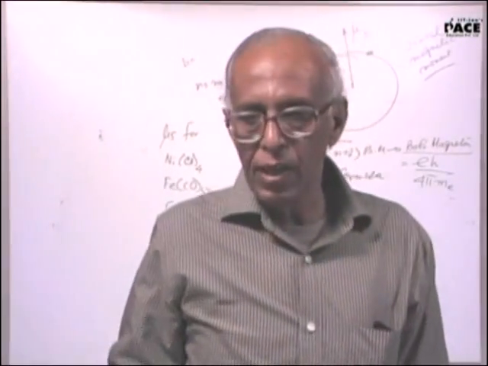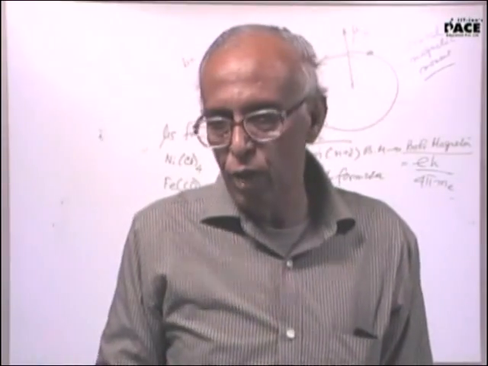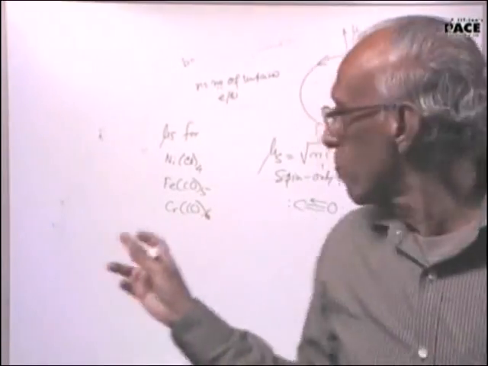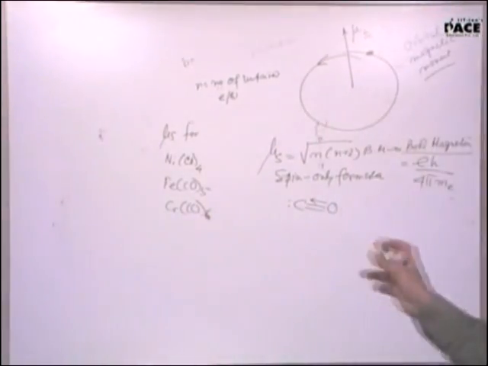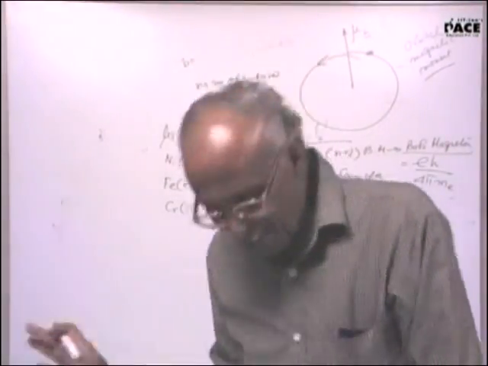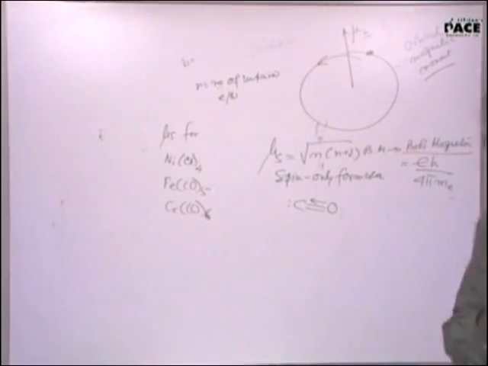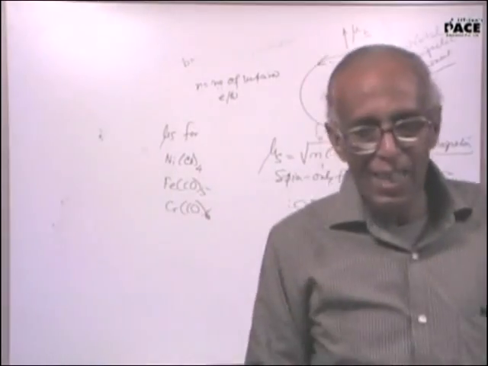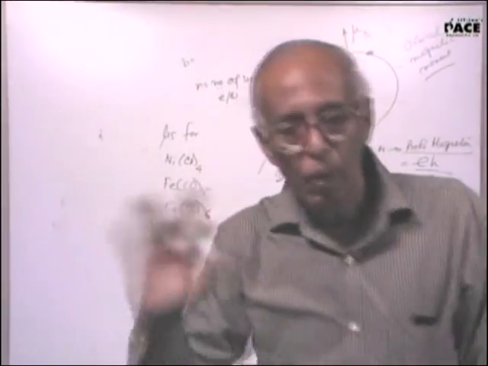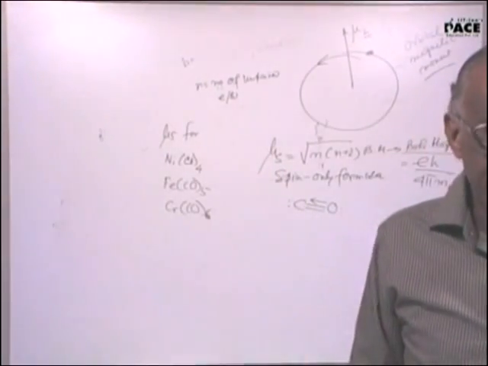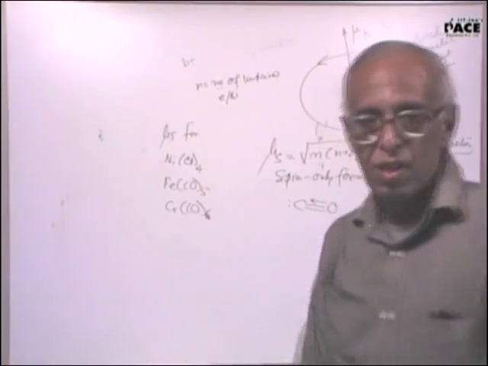There is a lone pair on carbon, there is a lone pair on oxygen. Can you see that? So the magnetic moment will arise from the metal, not from the carbon monoxide. Now calculate the mu s value for these three.